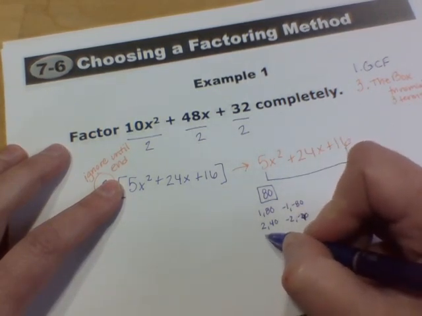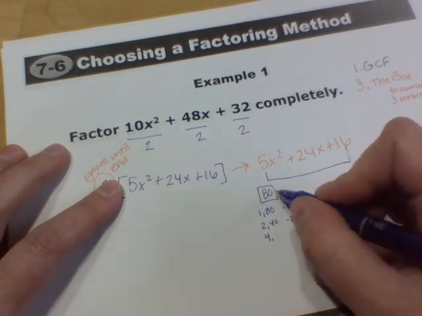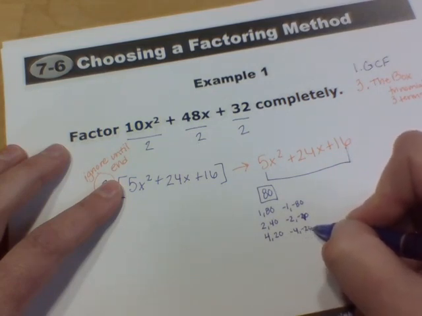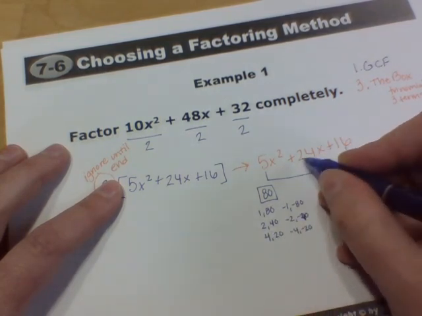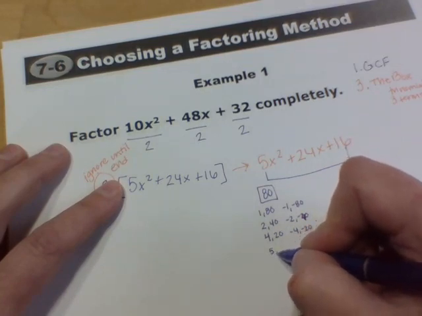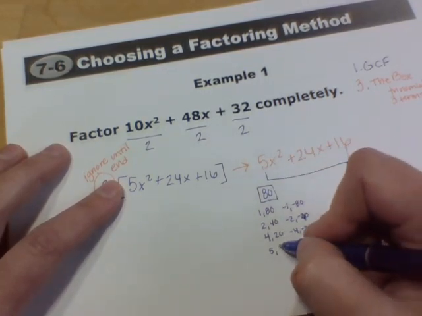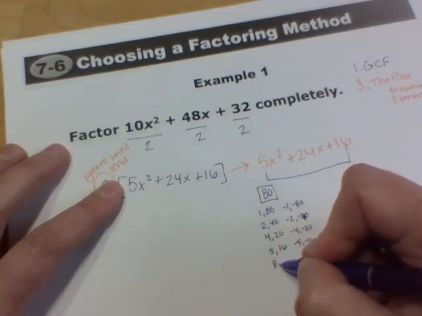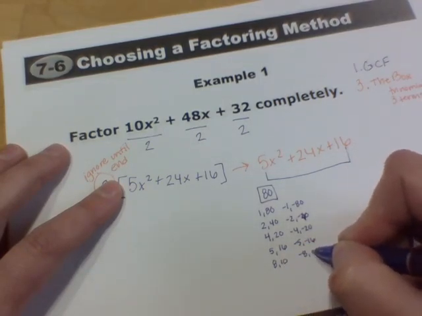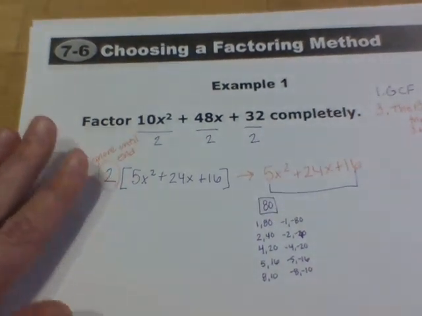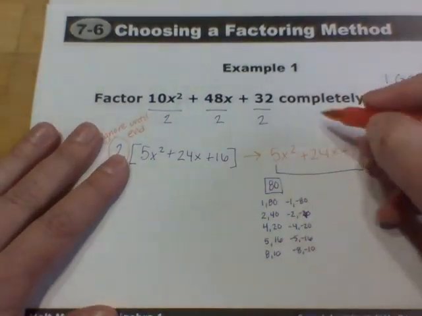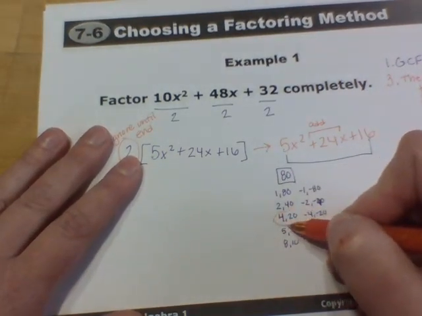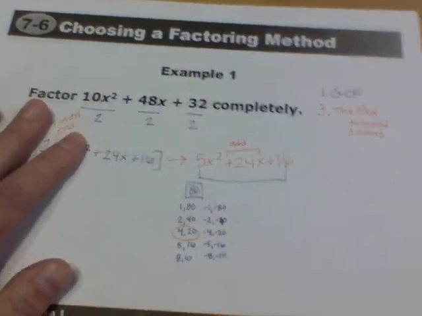A 3 doesn't go into 80, a 4 does. Let's see, 20 times, and negative 4 and negative 20. And I could stop there because I'm noticing that that adds to be 24, but let's keep going. So 5 and 16, and negative 5 and negative 16. 8 and 10 is next. And that's it. Going back to each of these pieces, again, we're trying to add to be 24. And so that's these 2 pieces, and that's going to go into our box.